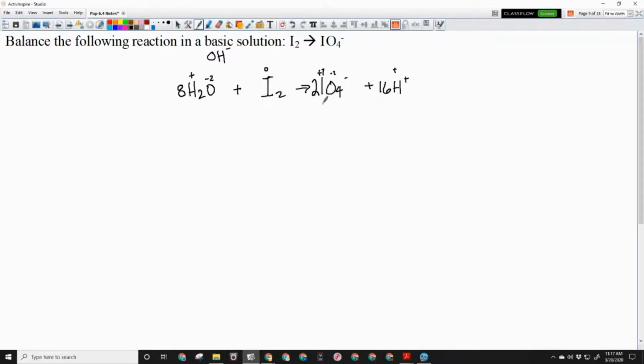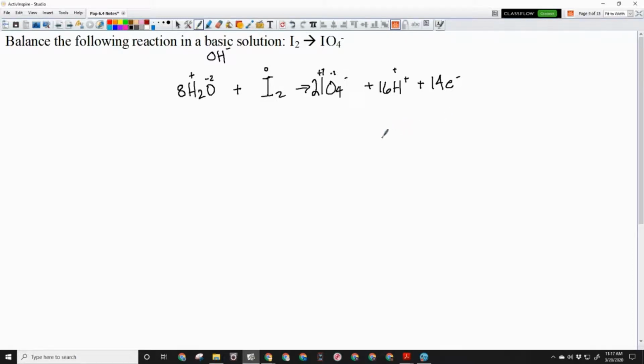All right, so how do we get from 0 to a +7? 0 on this side, +7 on this side. That means that the electrons are going to have to be added to this side. Now, 2 of the 7s is going to be 14 electrons. So we're going to have to add 14 electrons to this side.